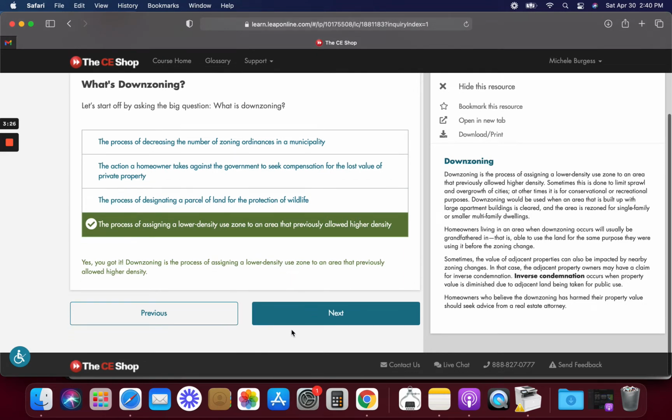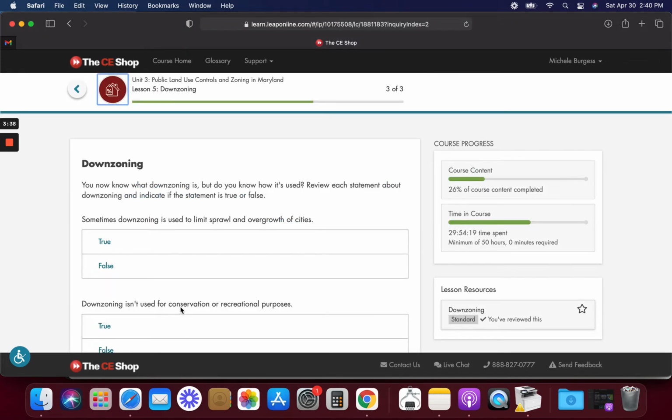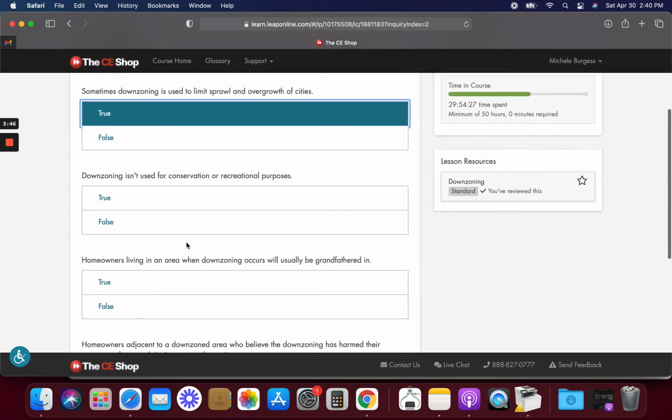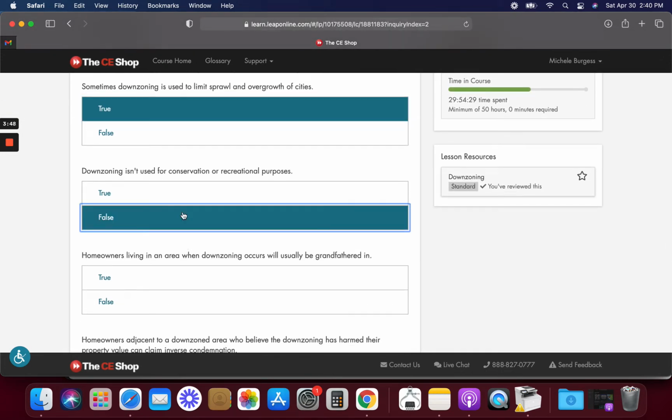Okay, if you need to take a screenshot, this would be a good one. You got your resource over here, and you got the question over here, okay? Now, you know what down zoning is, but do you know how to use it? Sometimes down zoning is used to limit sprawl and overgrowth of cities. It isn't used for conservation or recreational purposes.